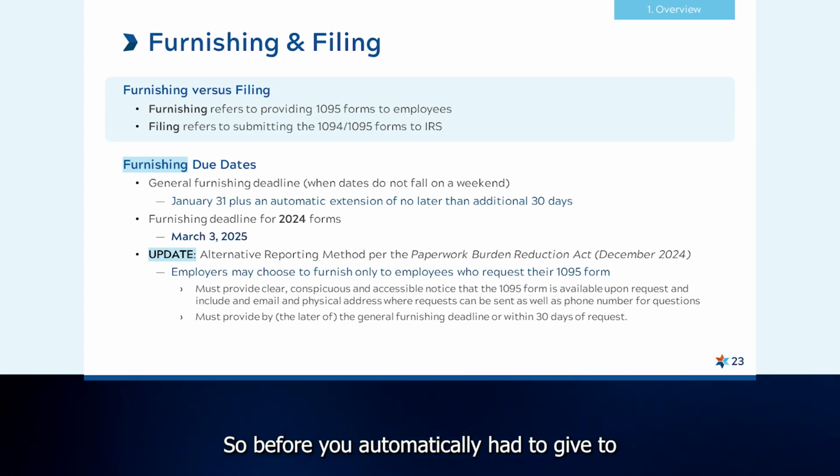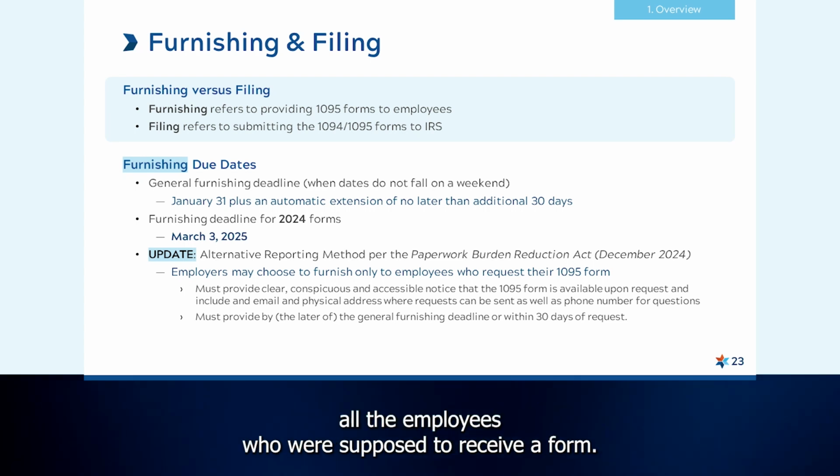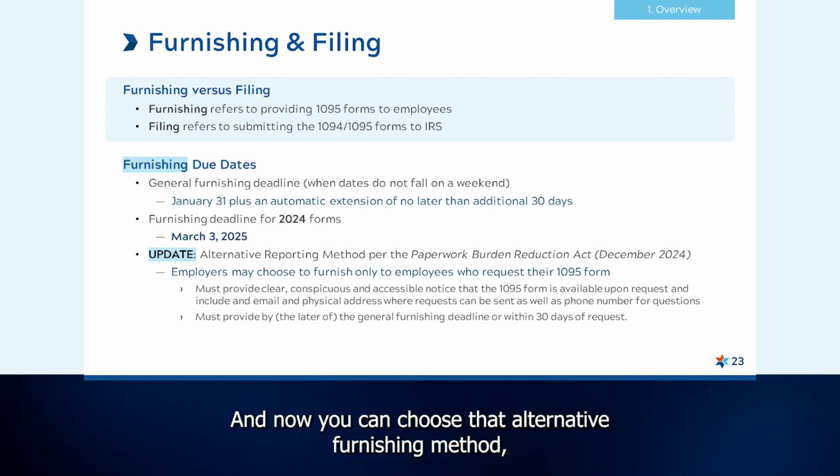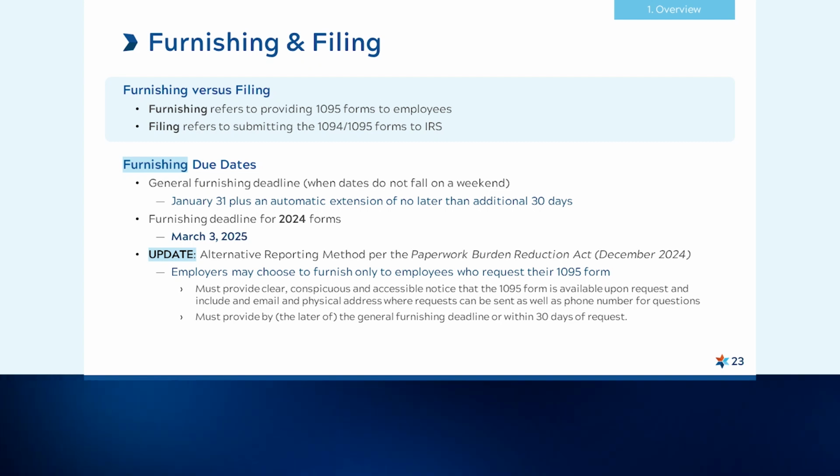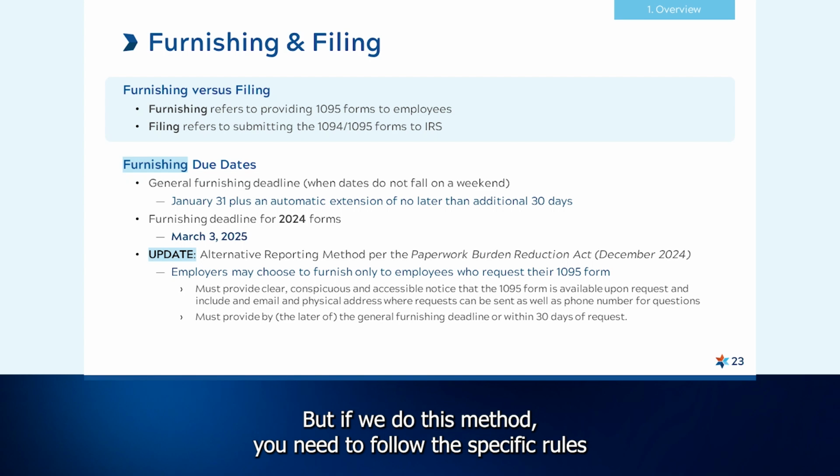Before, you automatically had to give it to all of the employees who were supposed to receive a form. Now you can choose that alternative furnishing method, which means you can say, okay, we're not going to automatically do this, but if we use this method, you need to follow the specific rules.